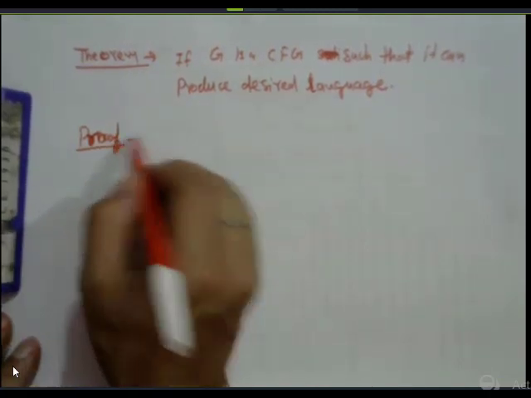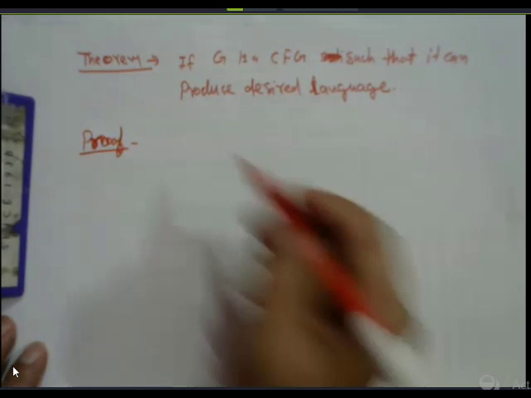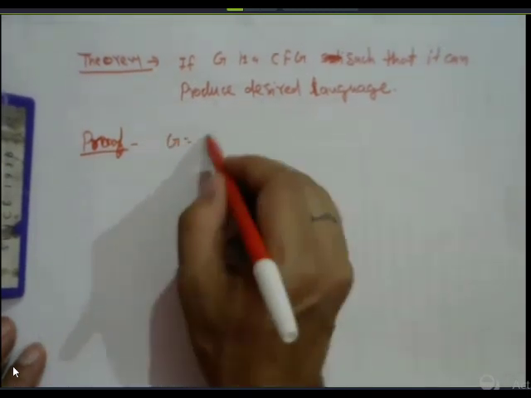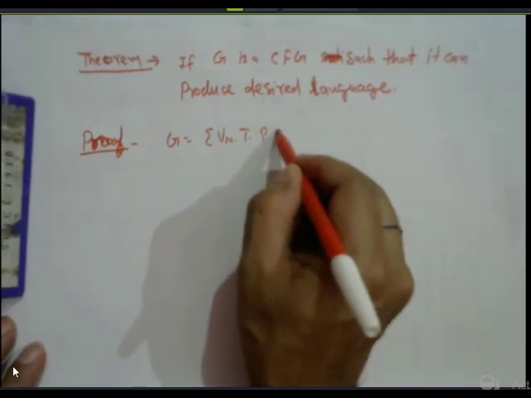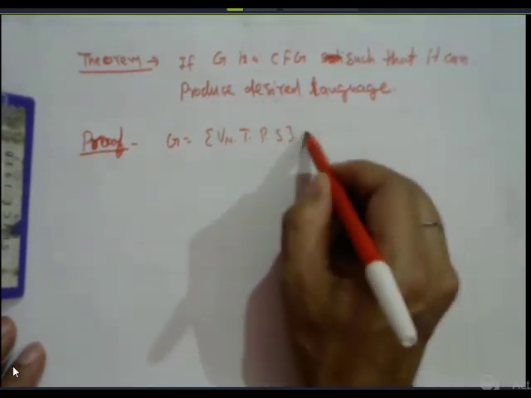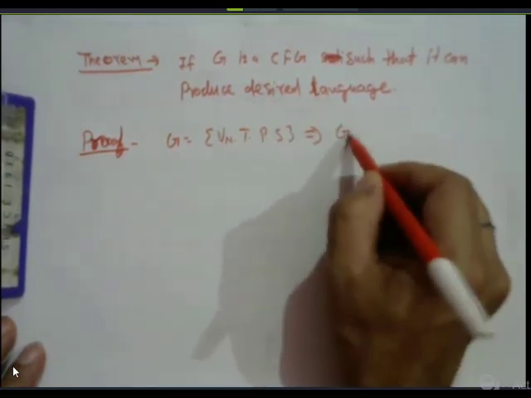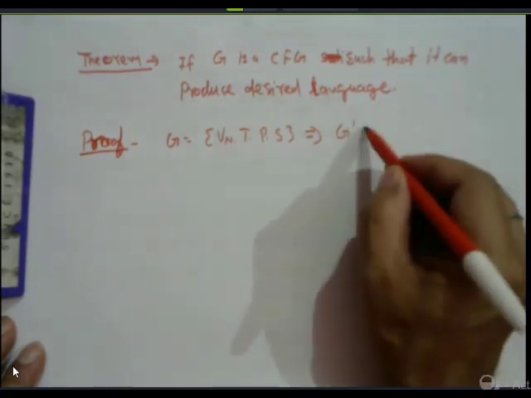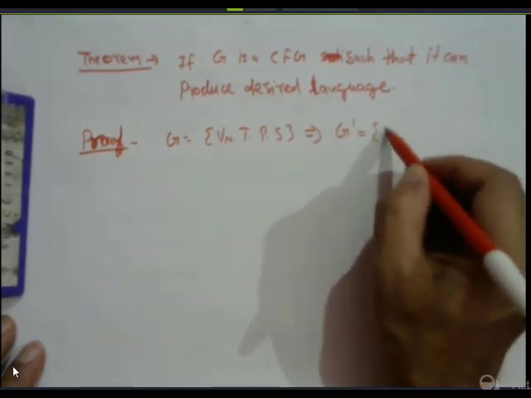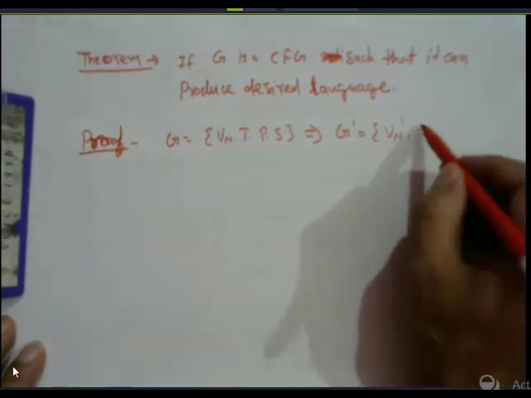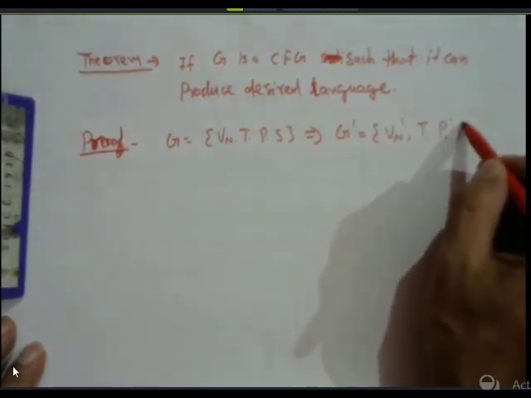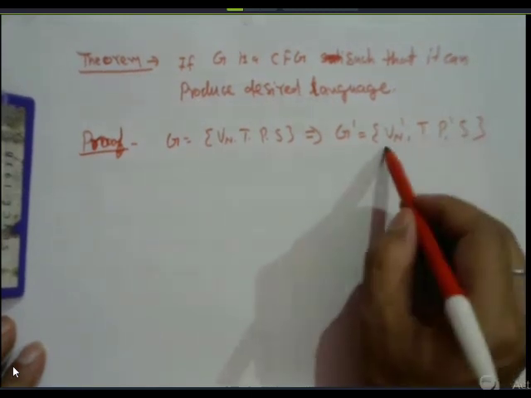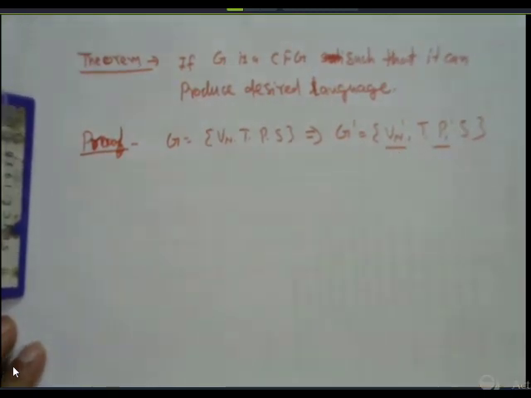Prove G is in the form of Vn, T, P and S. Then we can construct a similar grammar G dash in the form of Vn dash, T, P dash and S. Then there is only the difference in production and Vn dash.